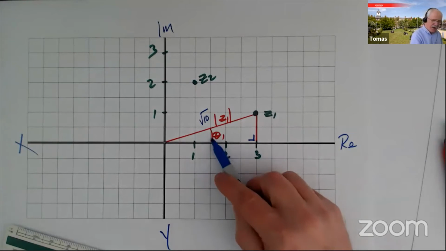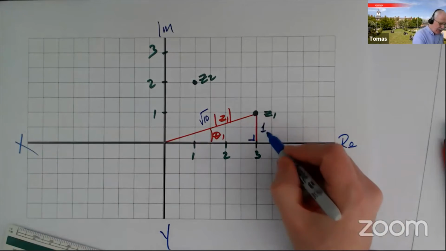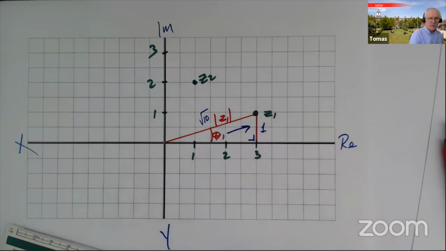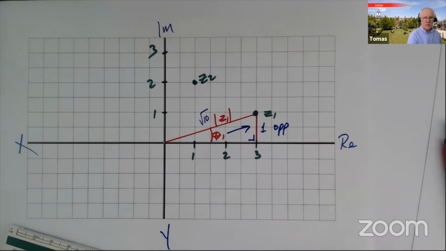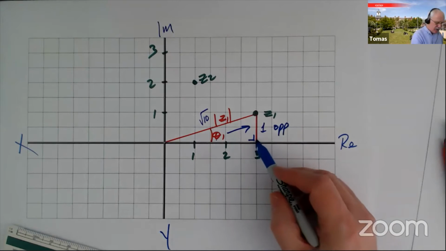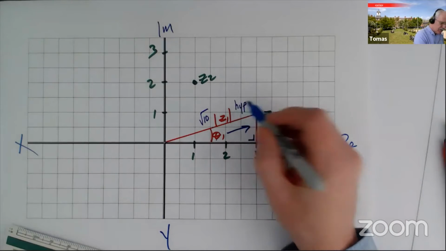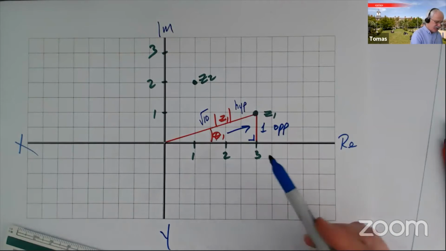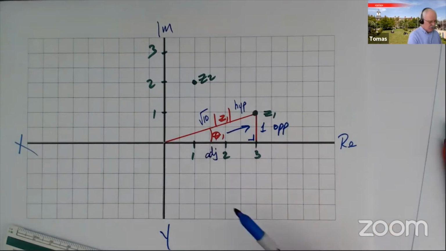How do we find the angle there? Well, we don't know, but we know that that length is 1. We also know that that side is opposite that angle. So this must be the opposite. If that's a right angle triangle, the one facing the right angle must be the hypotenuse. This must then, the only one left, be the adjacent. So you've got the adjacent, the opposite, and the hypotenuse.